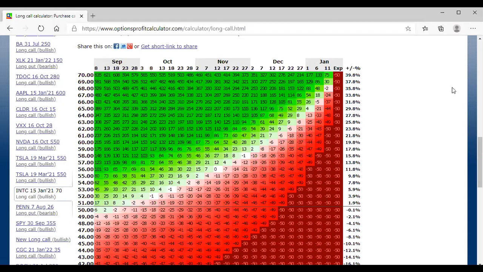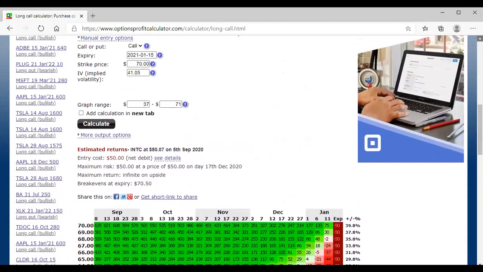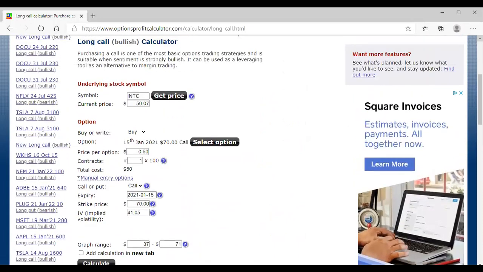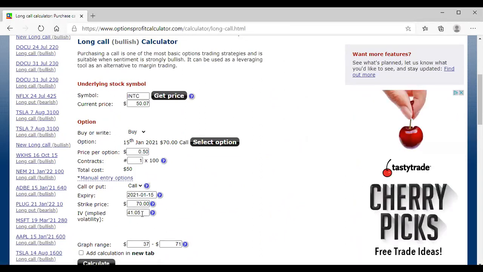So it'll show you, and that's why I like the option profit calculator. It'll definitely show you where you are, even if you put it in last week or whatever. If you put in exactly the price you paid per option, and then you open the manual entry, on your contract it'll show what your implied volatility is for that actual contract.